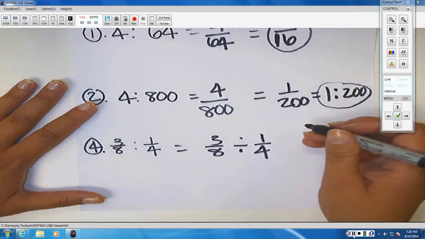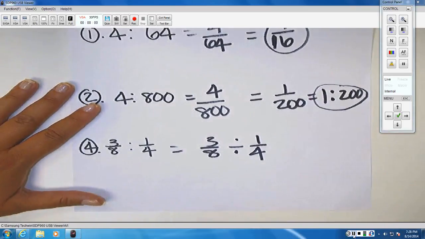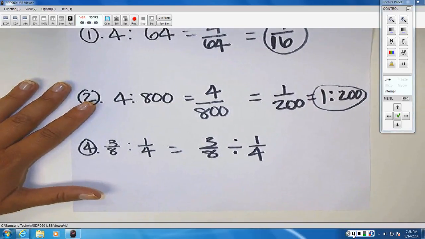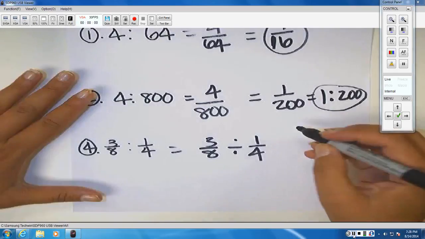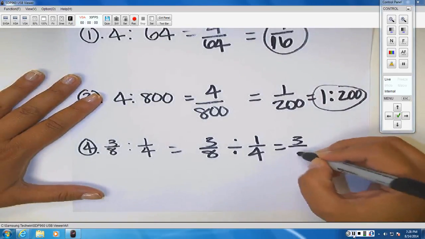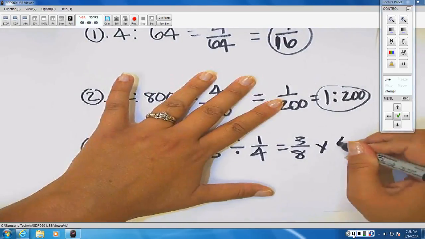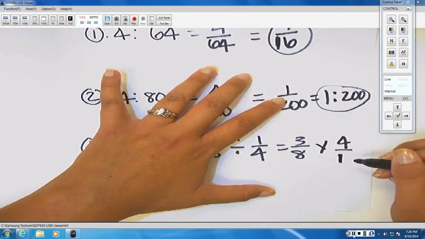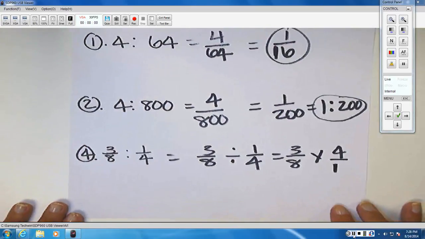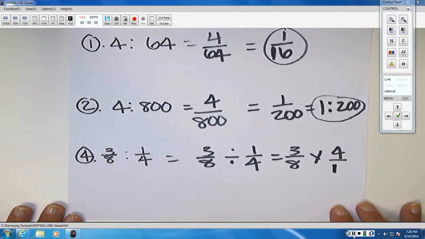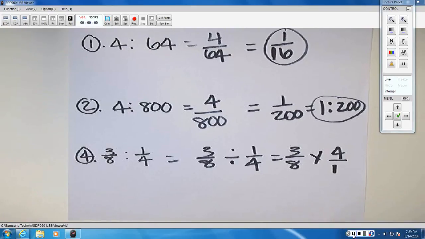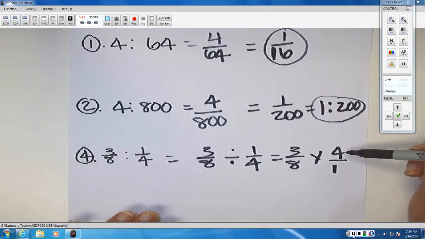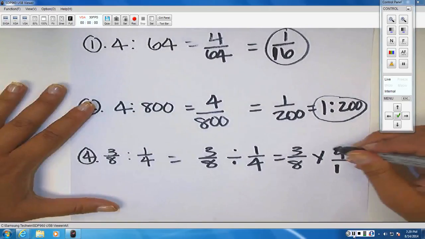And we're going to actually then flip the 1/4, and it's going to become a multiplication problem. 3/8 times 4/1. I now know that I can, did I do that right? Yes, I did. So now I know that I can reduce my 4 and my 8. I know that 4 will go into both of them.